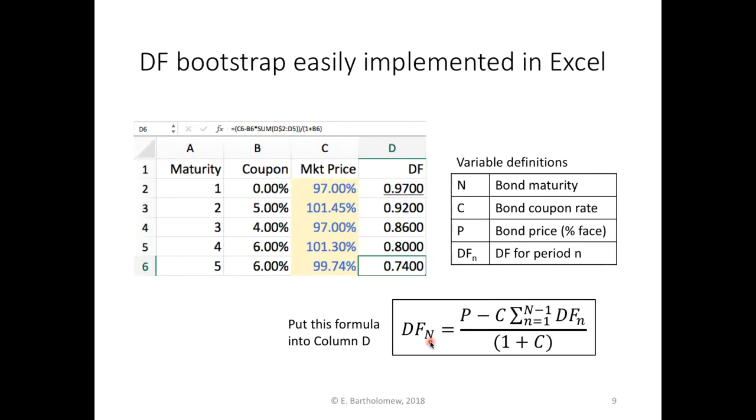So the 5th one is going to have this formula in it, as did the previous cells. And we can see here how it's implemented in Excel. So we're subtracting from the price, this 99.74 or 0.9974 in decimal form, minus the coupon rate times all the previous discount factors. So that's this right here. And then dividing that by 1 plus C. And that will give us the discount factor of 0.74.